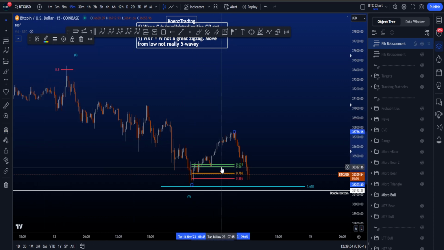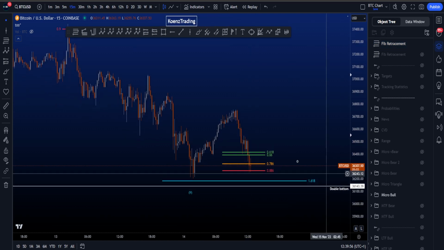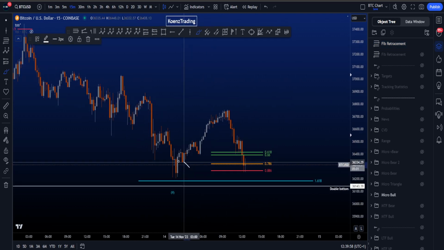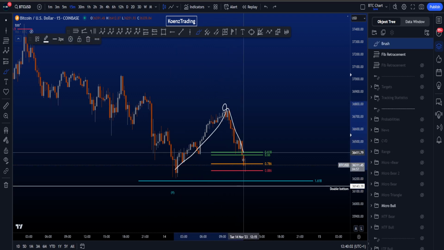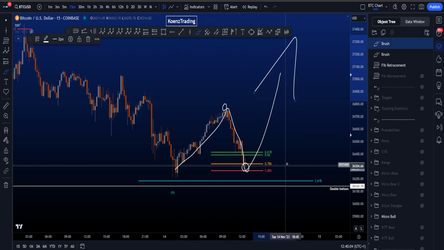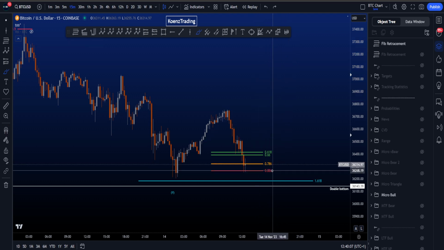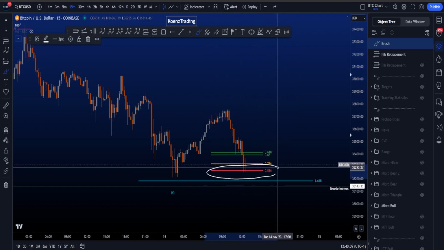Now, if you take a fib from the low to the high over here, and we toggle on the wave 2 deeper targets, then now you can also see that the 886 has been hit. So even if this would be the low of a wave Y, and this is your wave 1, 2, and you're going to be looking for a move up in a wave 3, then as I've just mentioned on the medium time frame, for a wave 2, the 886 is a rare target.